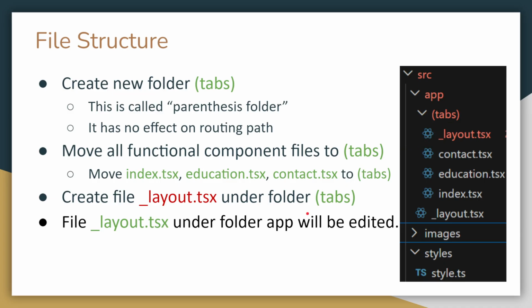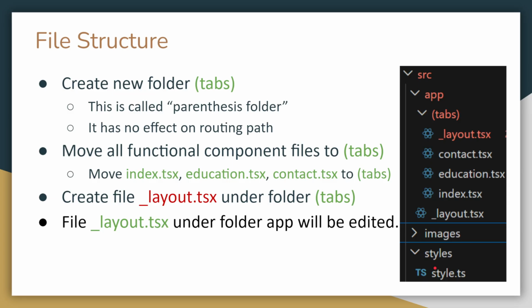So another layout would be the layout inside the parentheses tabs here. Okay, maybe about this. If you want to add images, make sure that you create a folder, images or img or pic, whatsoever, and then put your images under the folder. If you want to create your global style, maybe you can create a directory styles and then put the code there.